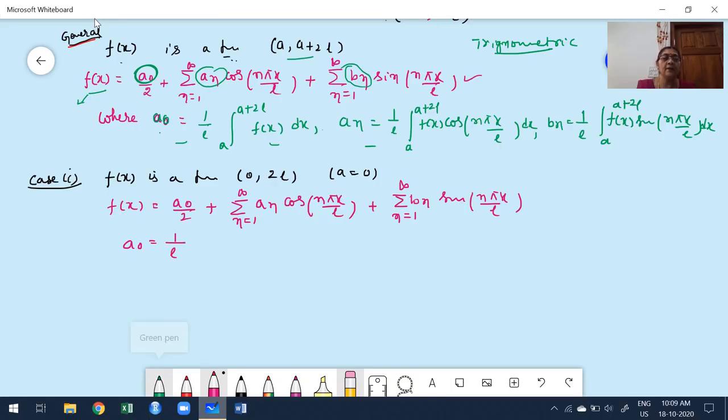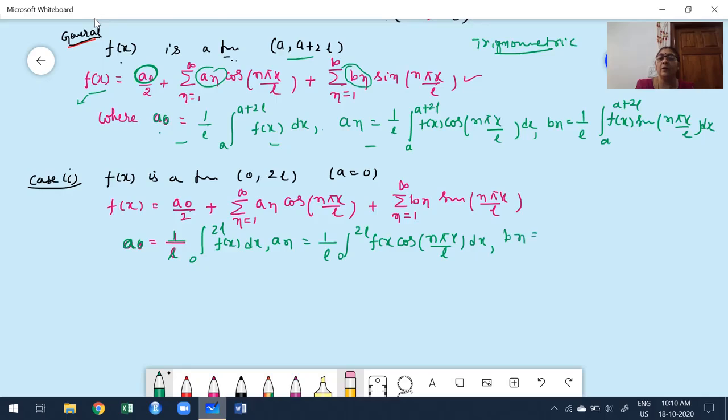Finding the a naught value, now we are changing: 1 by l, the interval is 0 to 2l, f of x dx, and then a n is nothing but 1 by l, 0 to 2l, f of x cos of n pi x by l with respect to x. Similarly, the b n formula is 1 by l, 0 to 2l, f of x sin of n pi x by l with respect to x.